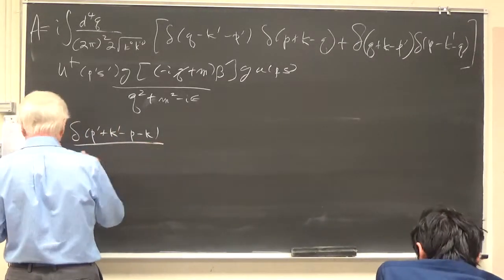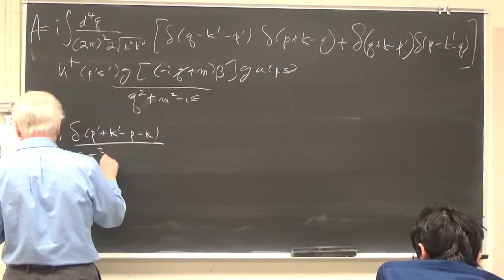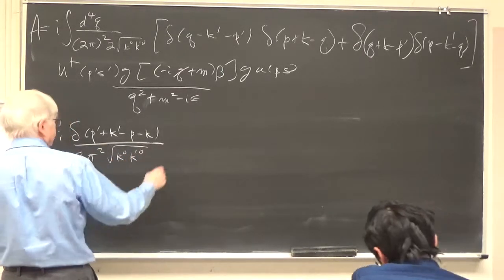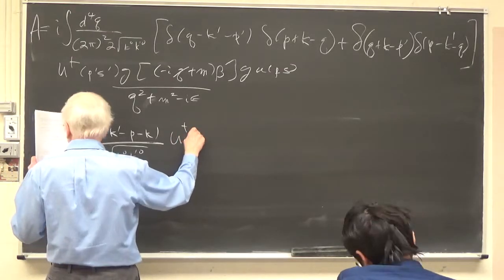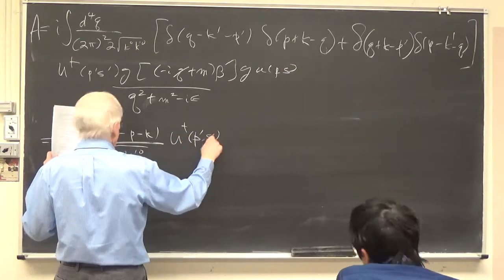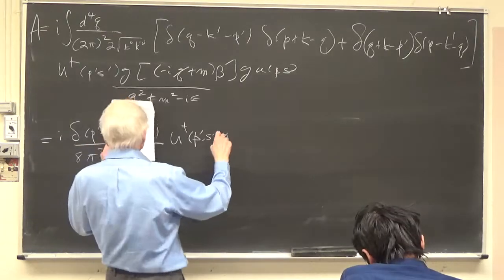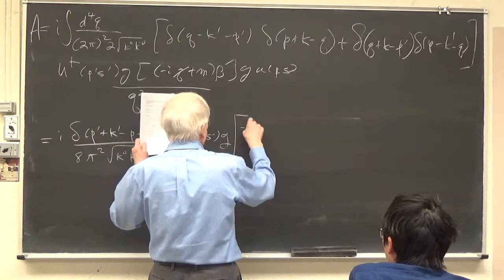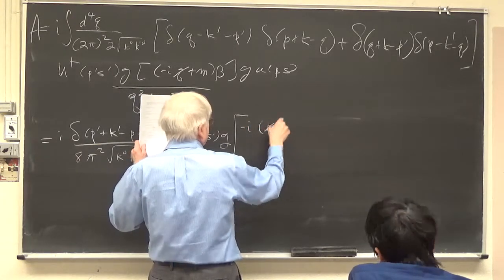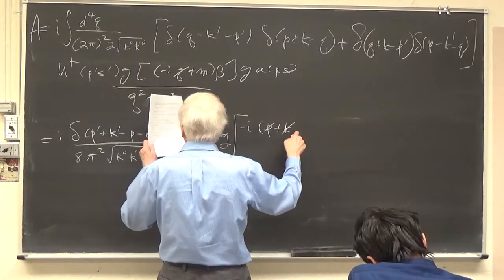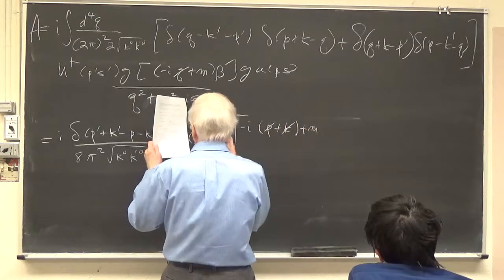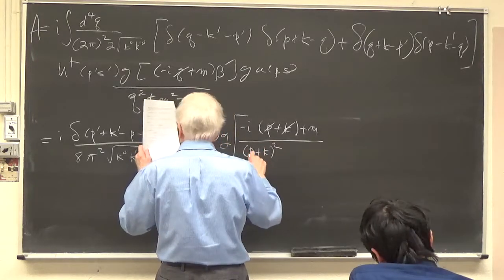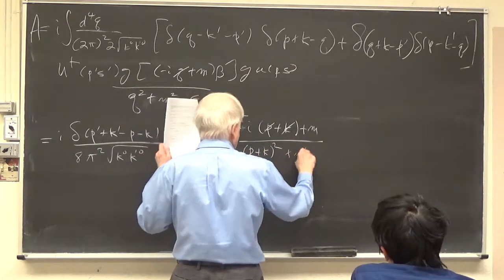The numerical factors are 8 pi squared, square root of k0 k prime 0, u dagger of p prime s prime, the matrix G, whatever it happens to be, and now big parenthesis, minus i, p slash plus k slash plus m, over (p plus k) squared plus m squared.